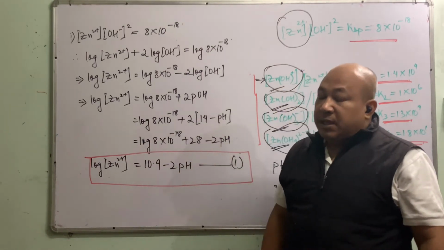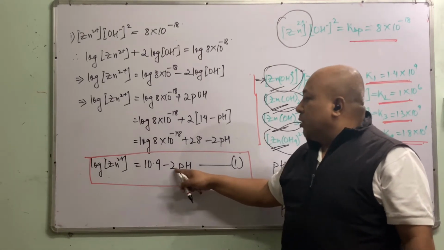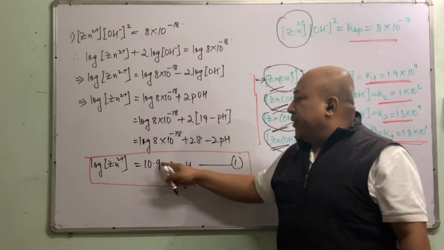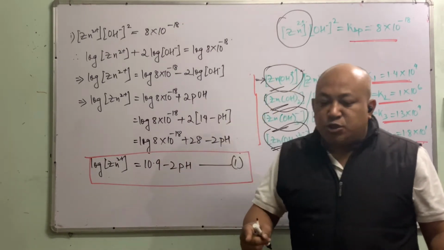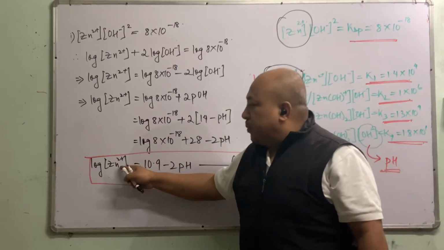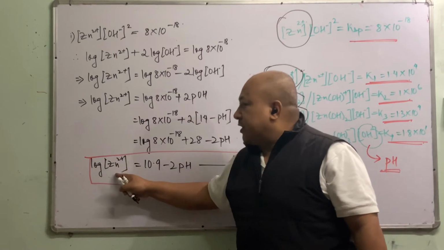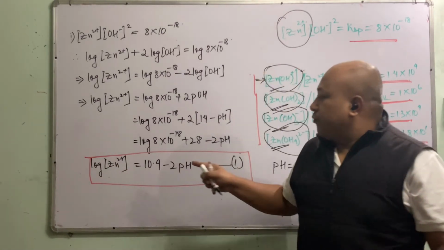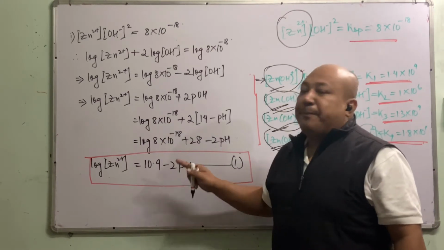Say for example, at pH 2, 2 times 2 is 4. 10.9 minus 4 means 6.9. So at pH 2, the logarithmic concentration of Zn2+ will be 10.9 minus 4.